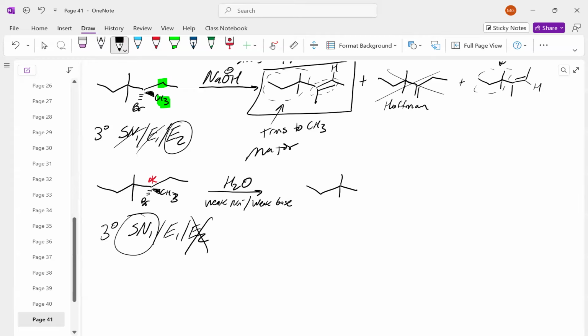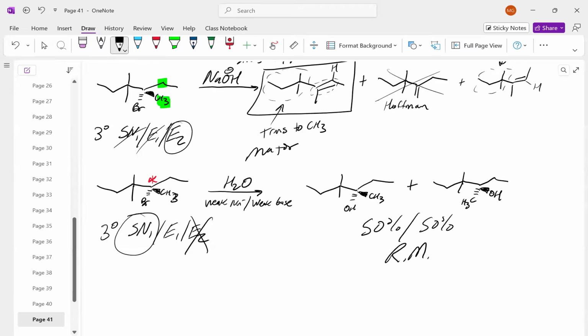You get racemization. You end up with a racemic mixture. And what is a racemic mixture? It's a 50-50 mixture of enantiomers.